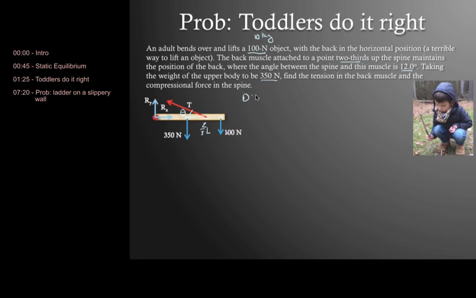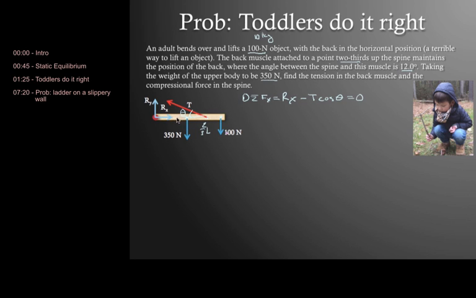So let's talk about the sum of our X forces. We're just going to add up everything that's to the right and then subtract everything to the left. So that's minus T cosine theta, and this is equal to 0. The 0 is because we're in static equilibrium.